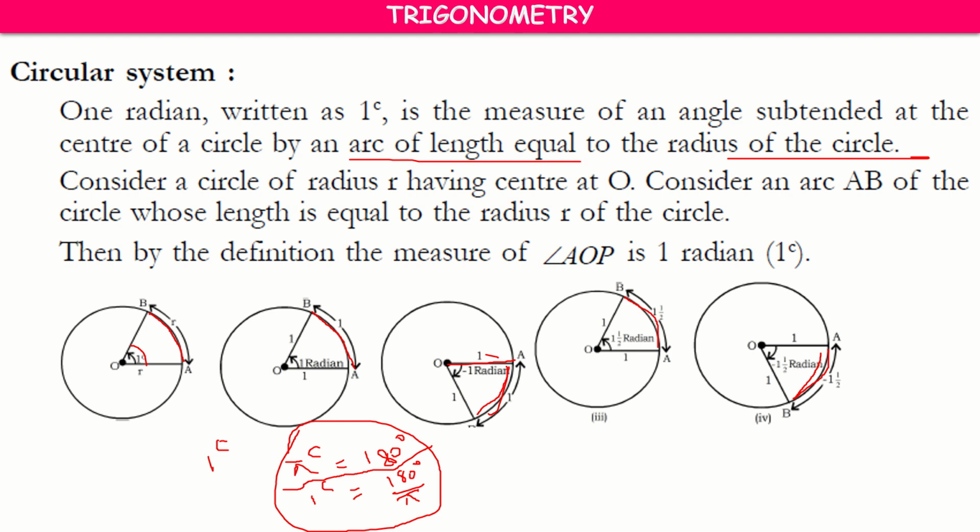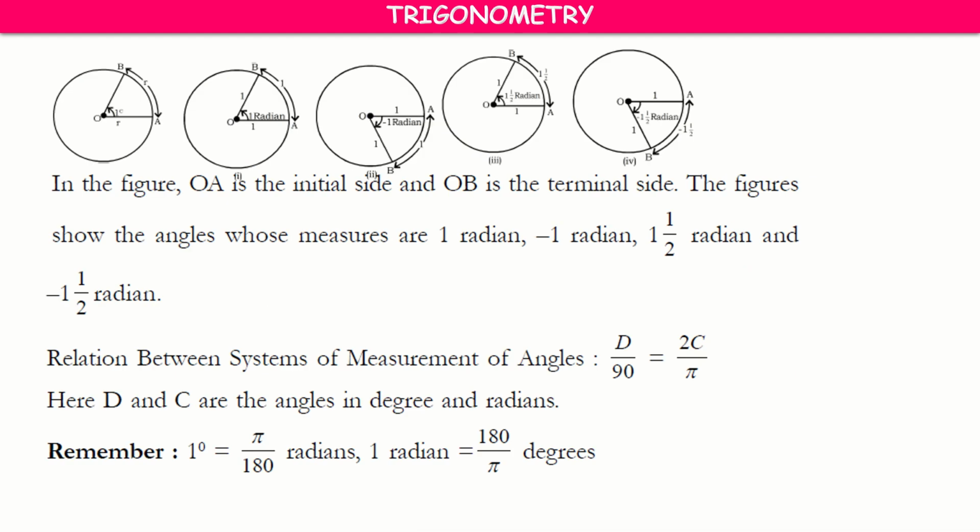Very, very important. Next, observe here. These are radians. The figure shows the angle: 1 radian, minus 1 radian, 1.5 radian, minus 1.5 radian. Anti-clockwise is positive and clockwise is negative.